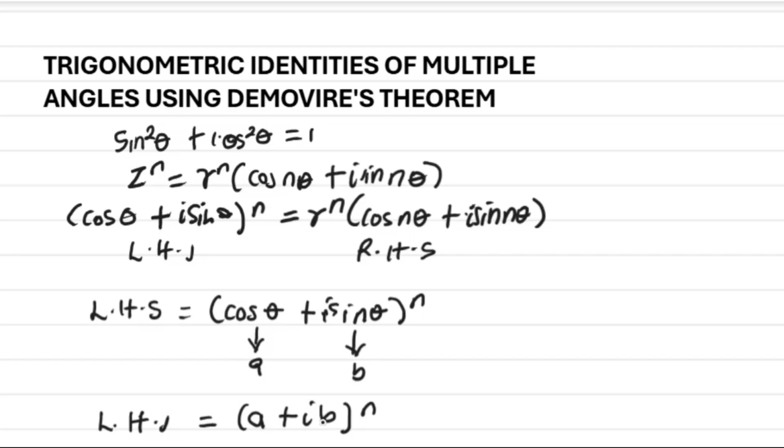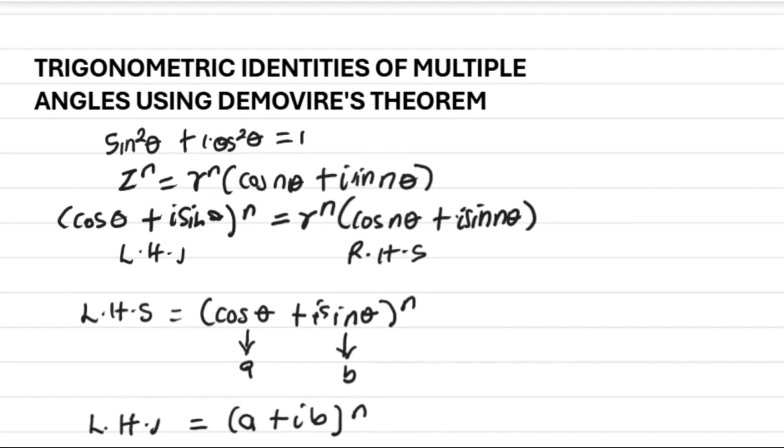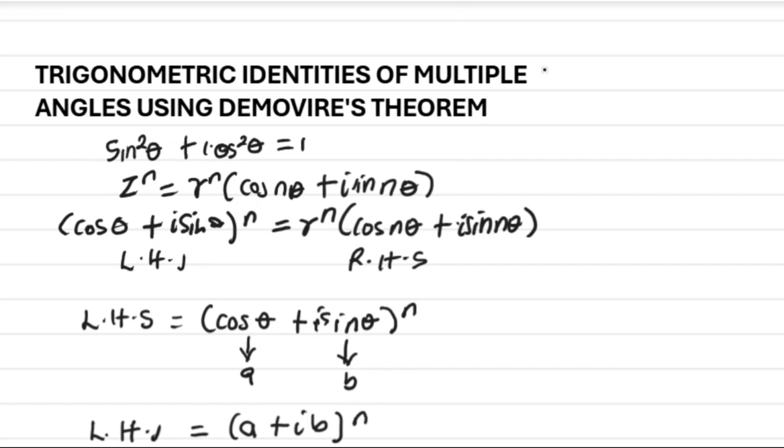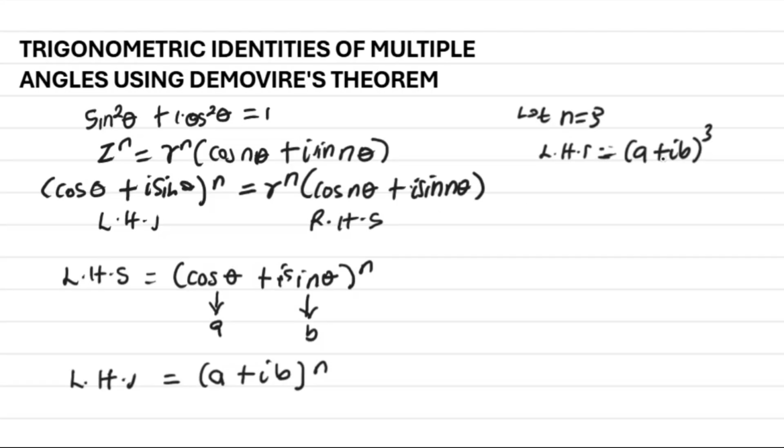Now, for example, if our n is equal to 3, take a look at this. This is where you need to pay attention. Let n be equal to 3. If n is equal to 3, our left hand side is going to give us A plus IB raised to power of 3.